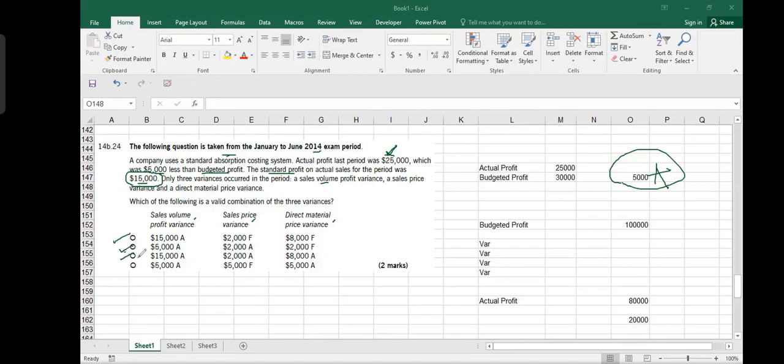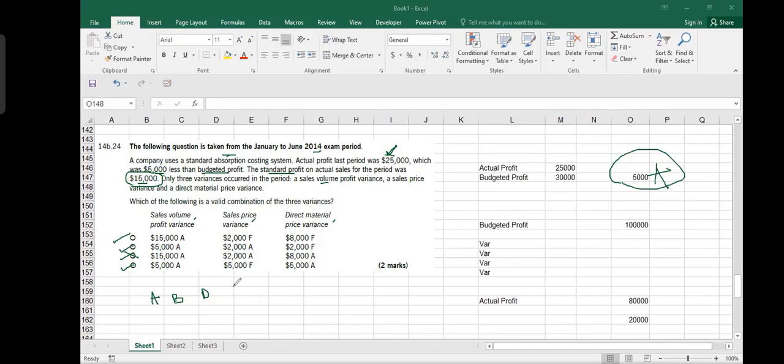This cannot be my answer. Then 5,000 adverse, 5,000 favorable, 5,000 adverse. This also is giving you 5,000 adverse. So it has to be A, B, and D. C is gone. So first you need to understand that it has to be 5,000 here.